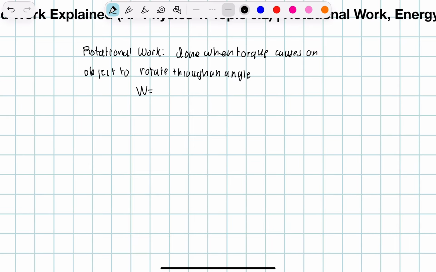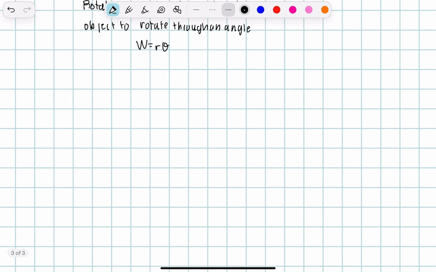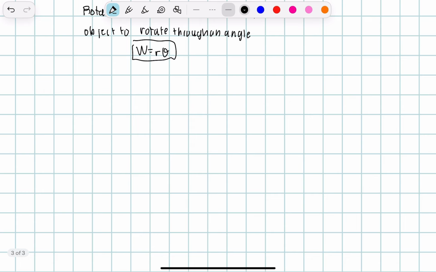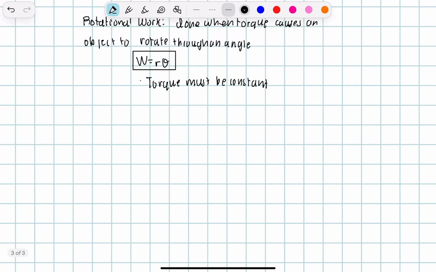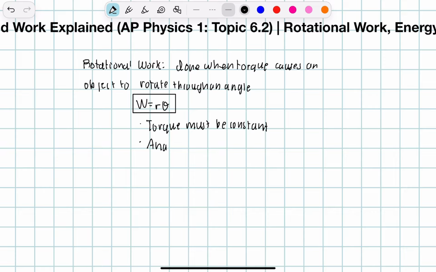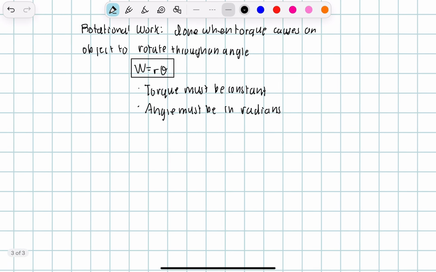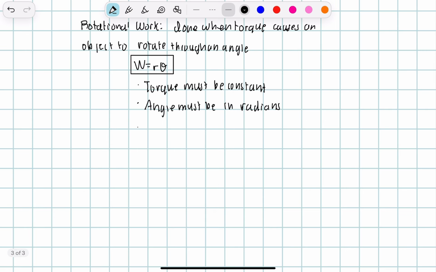So W is equal to torque times theta. Some conditions for this are: torque must be constant and the angle must be in radians. This is the rotational analog of work is equal to force times the displacement.